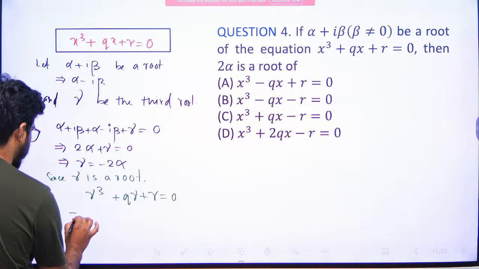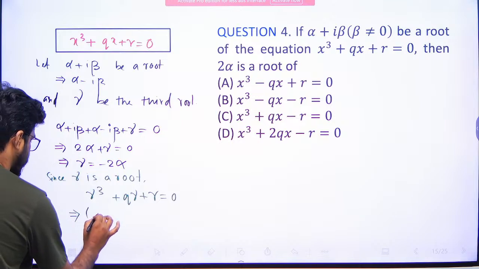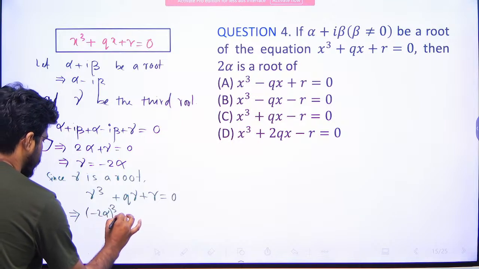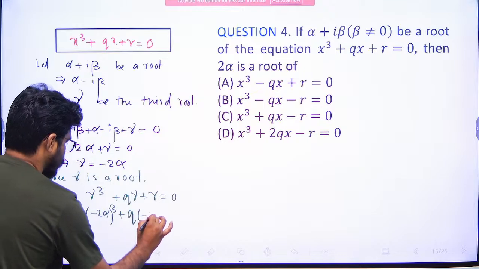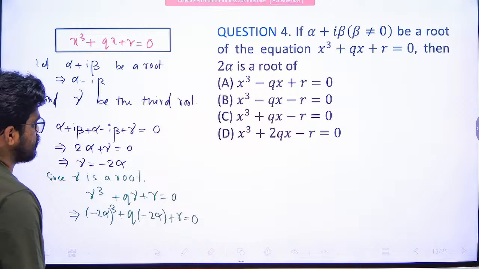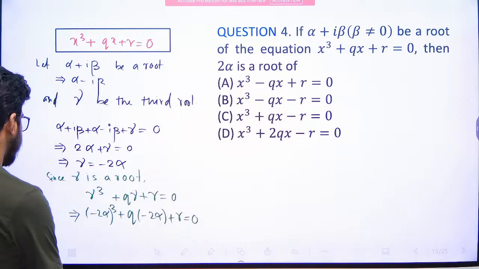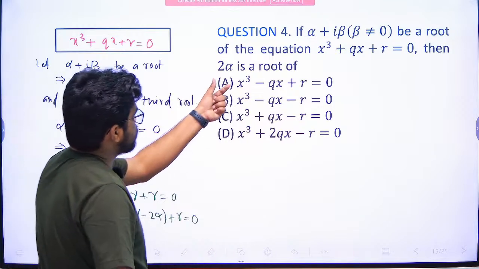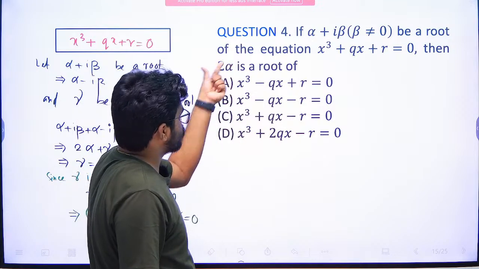The value of gamma is minus 2 alpha. So minus 2 alpha cube plus q into minus 2 alpha plus r is equal to 0, right? We have to find the equation whose root is 2 alpha.